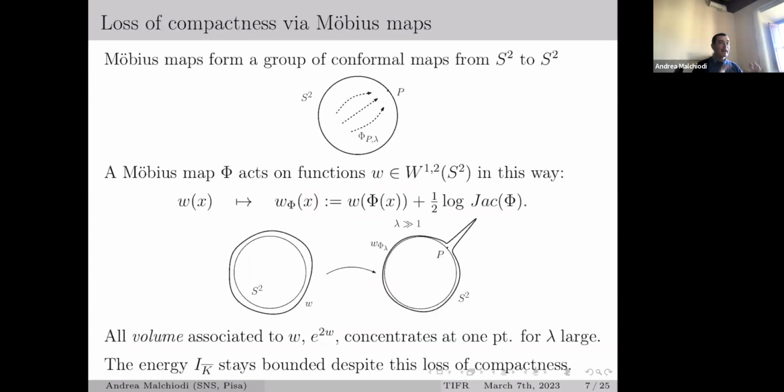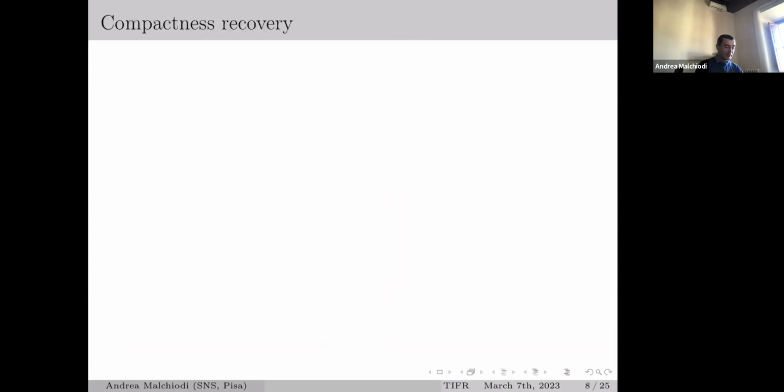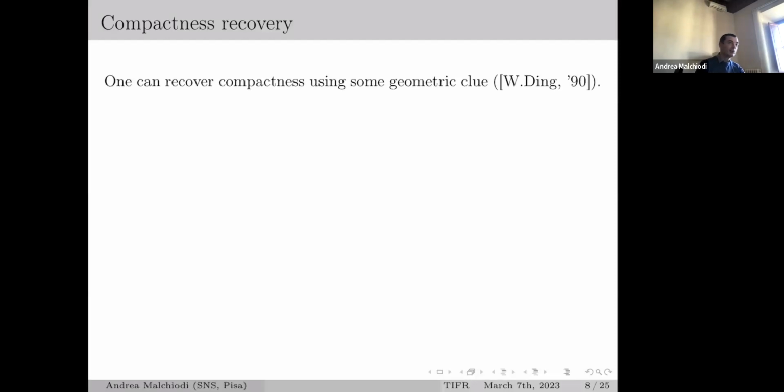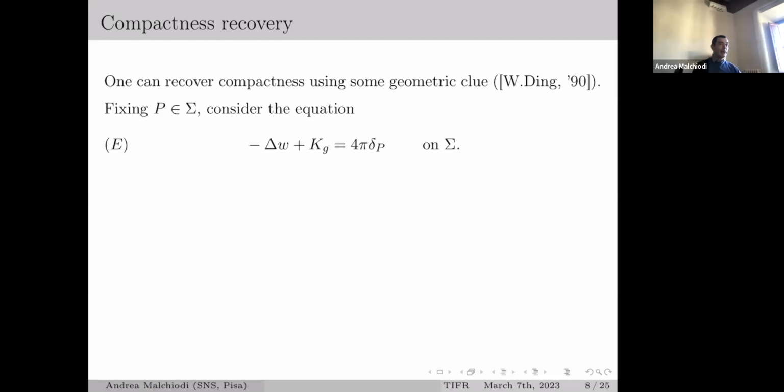So when this happens, the energy stays bounded. And how can you recover compactness? Here come some geometric insights. I want to present a proof due to Ding from the 90s. Fix a point P on the surface and consider the following equation.